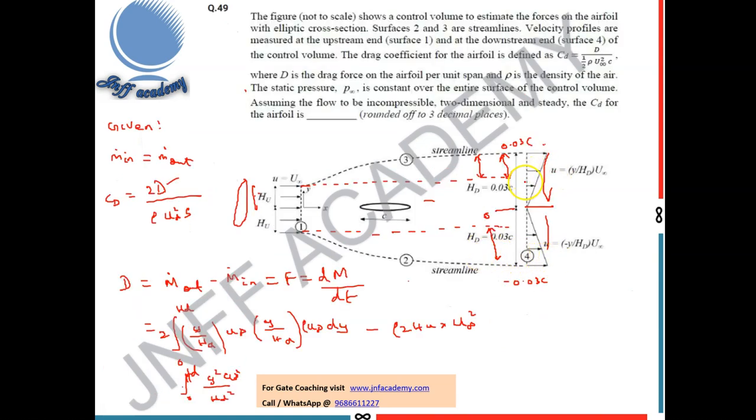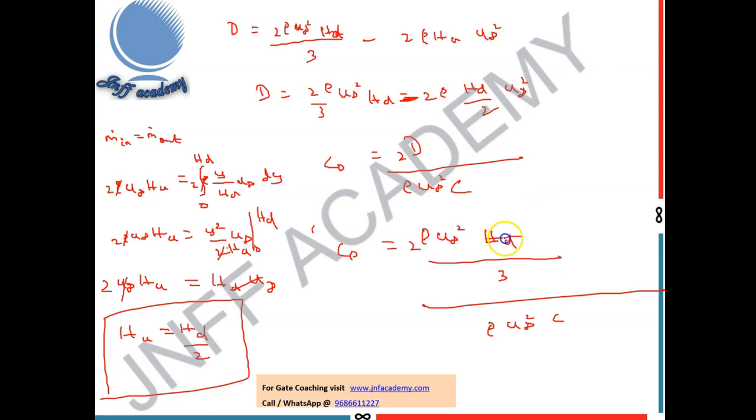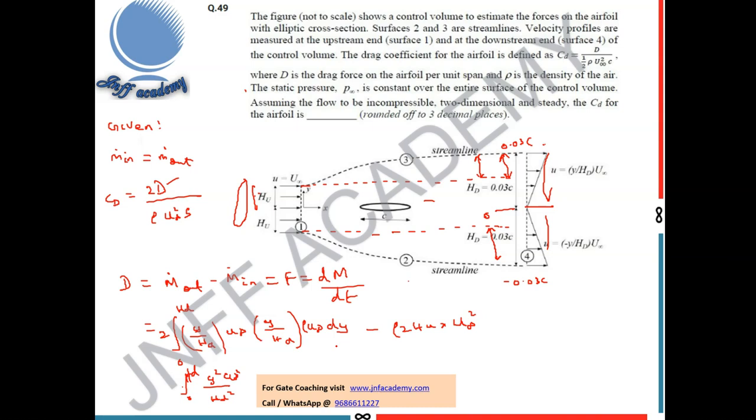HD is 0.03 C. So now instead of HD, you can substitute 0.03 C. If you solve it, you will get the drag coefficient CD. So the drag coefficient of that thin thing is 0.02.